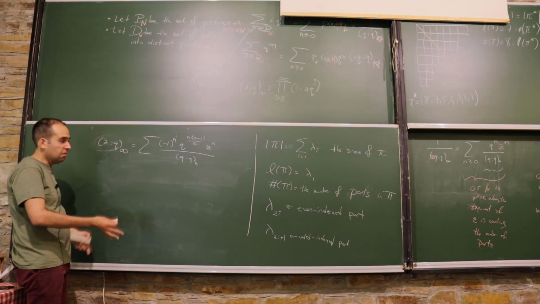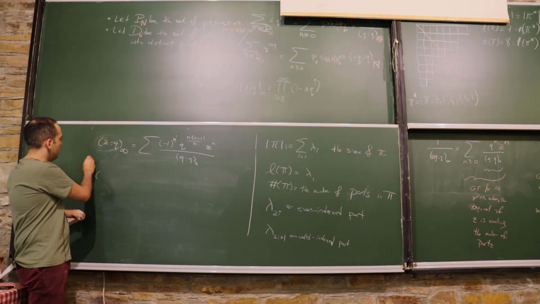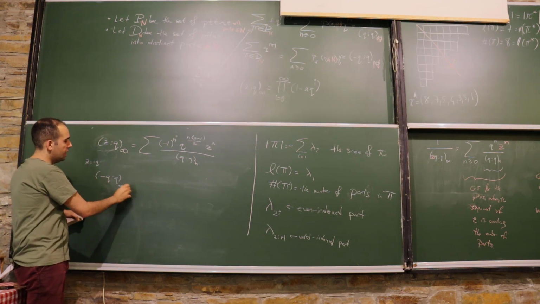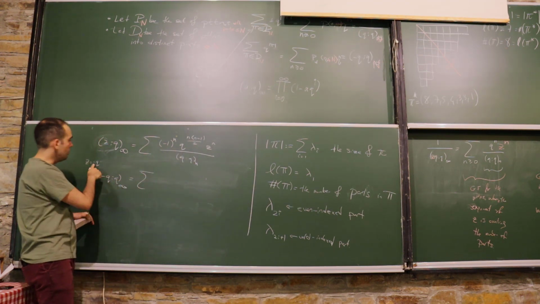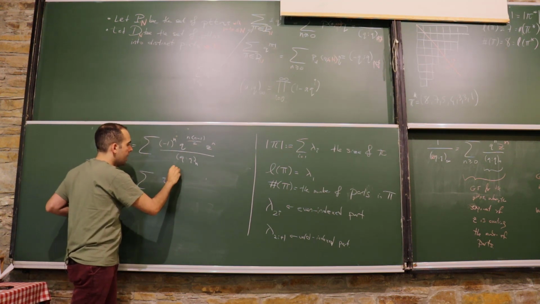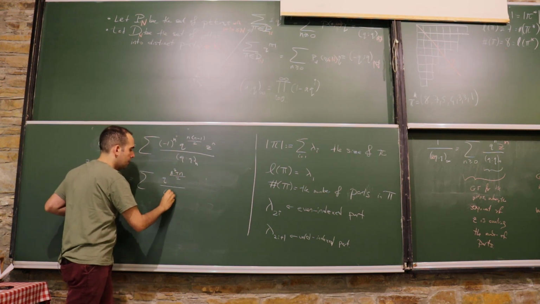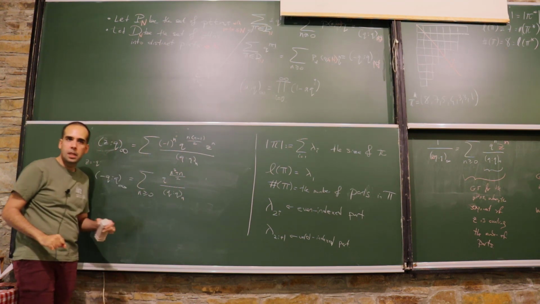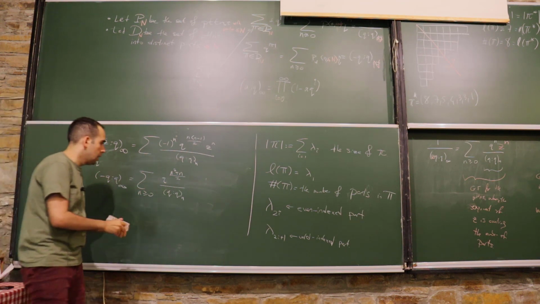So let's plug that in. Let's try to prove it in the way that we did. So if I were to plug in z equals negative q, I would have (-q;q)_infinity is equal to, so there's that minus coming in, that negative is going to go out because I'm plugging in negative q, right? So that negative is cancelled. I have q^((n squared plus n)/2) and this whole thing divided by (q;q)_n. Again, we will focus on the summand first.